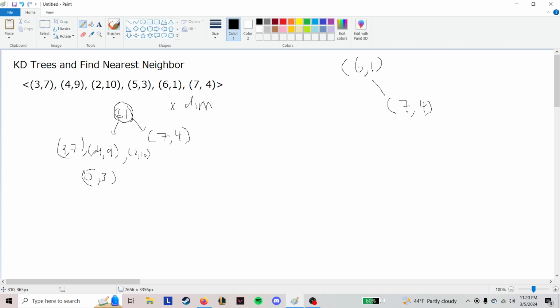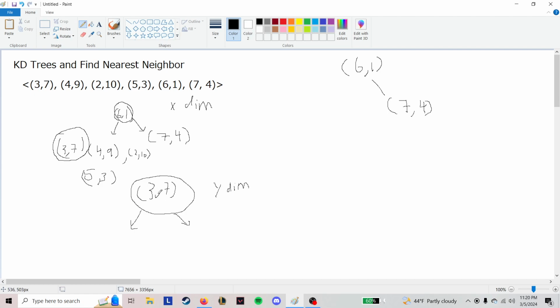So let's say on this level, I just decide to pick the point 3, 7 as my root that goes here. So now my subtree is going to have a root of 3, 7. And again, I need to deal with the left children and right children of 3, 7. Because my previous level, the level where I chose 6, 1, was being compared on the x dimension, this time I'm going to compare on my y dimension.